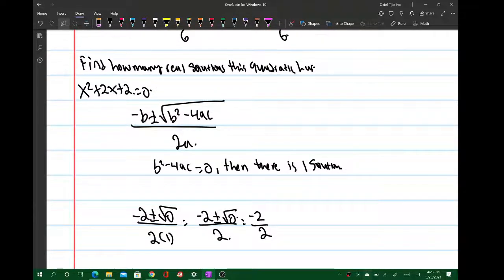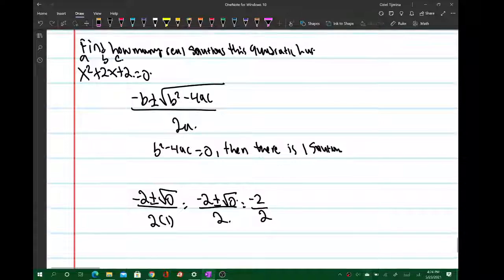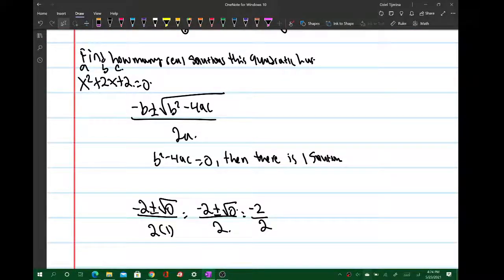So if I plug a, b, and c in and I get that b squared minus 4ac is equal to 0, then I'm only going to have negative b over 2a as my answer. x equals negative b over 2a.